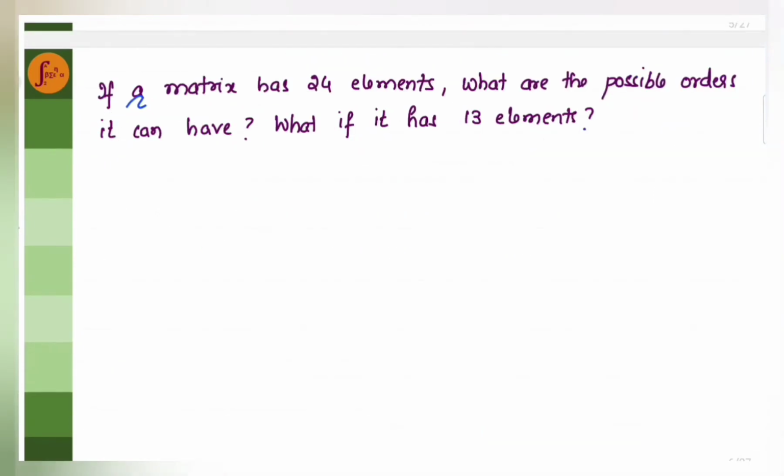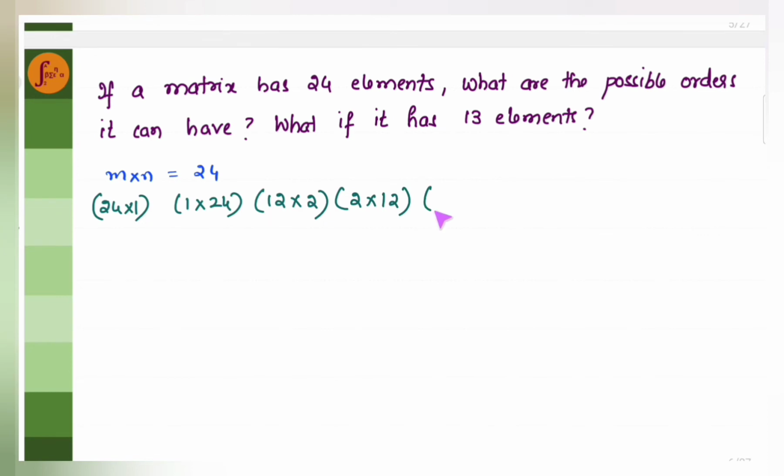So let's take an example. If a matrix has 24 elements, what are the possible orders it can have? That means m into n is 24. What are the possible combinations? You can get 24 into 1, then 1 into 24, then 12 into 2, 2 into 12, then 4 into 6, 6 into 4, then 8 into 3, 3 into 8.